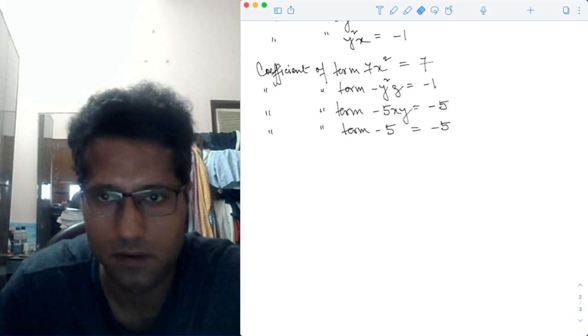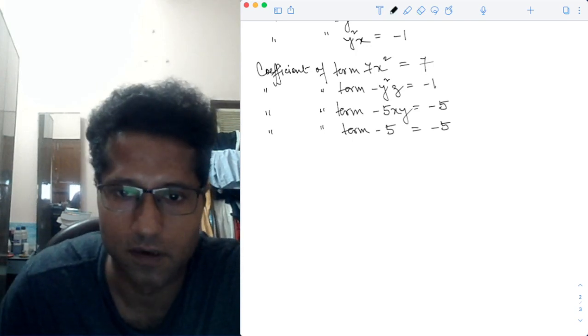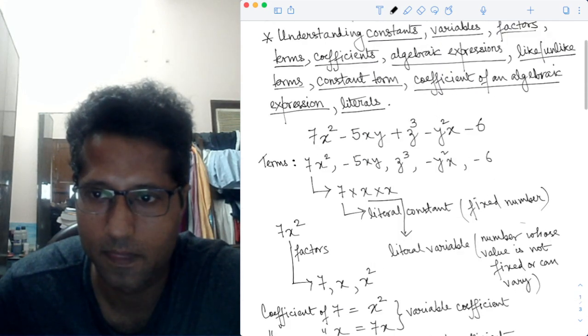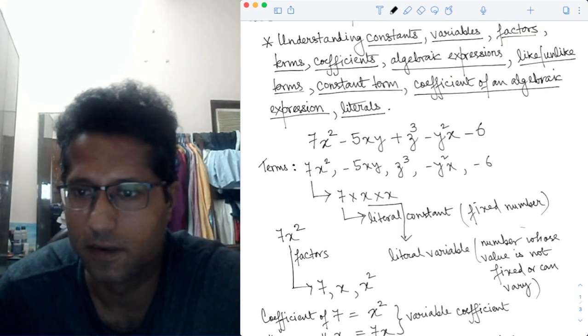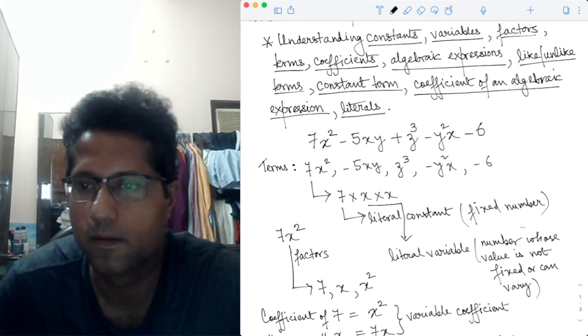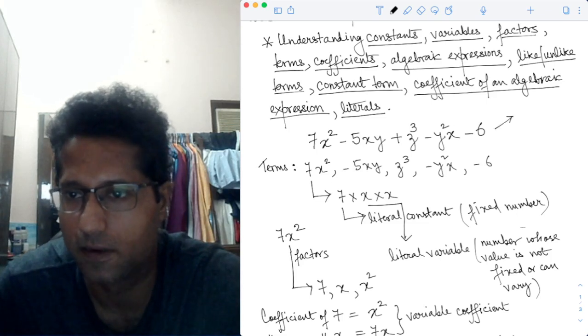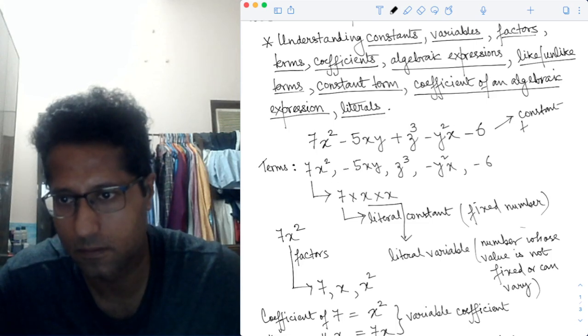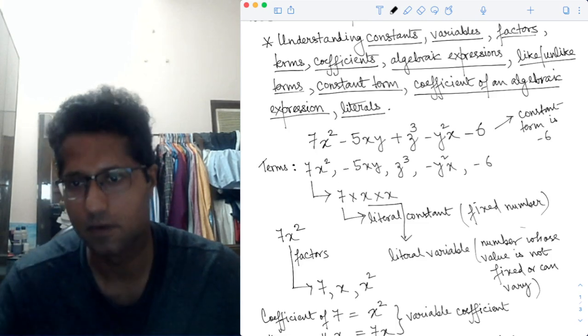So in this example, for this algebraic expression that we are discussing, the constant term is minus 6.